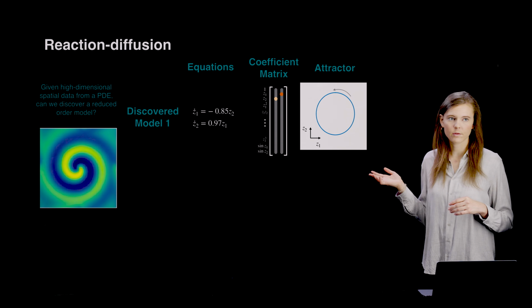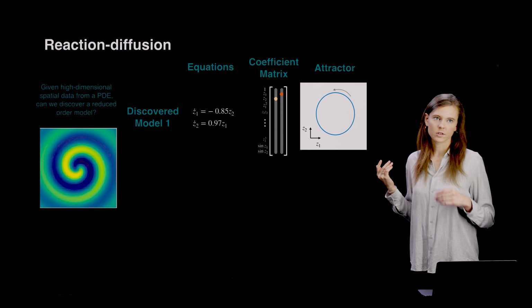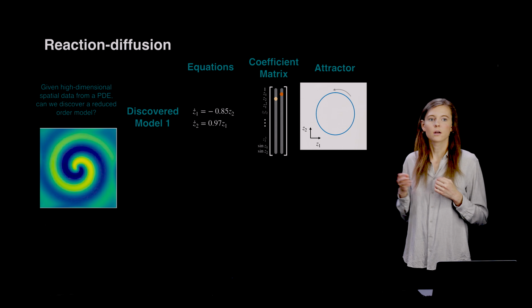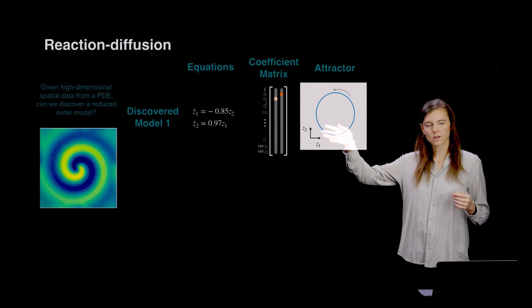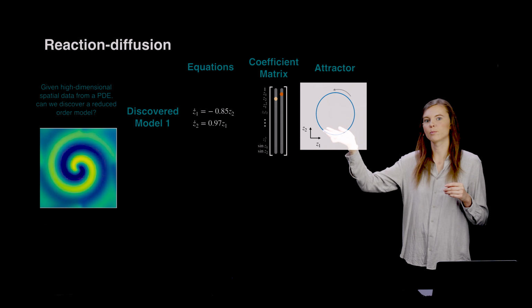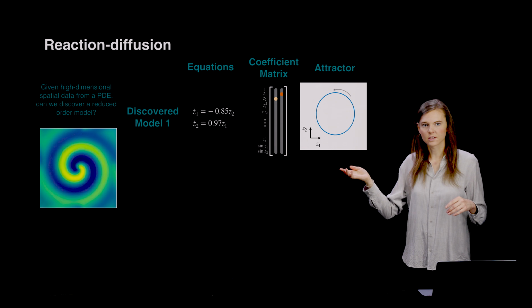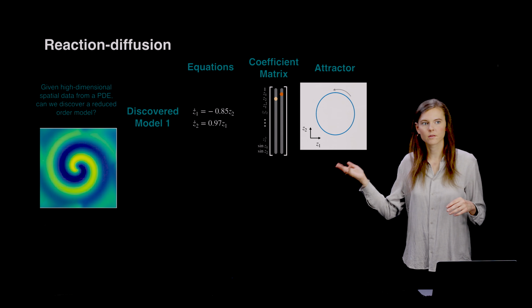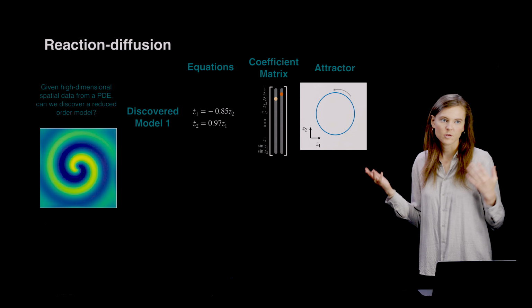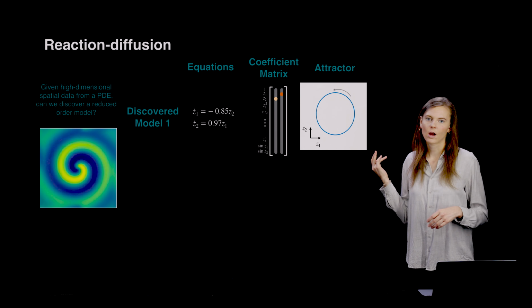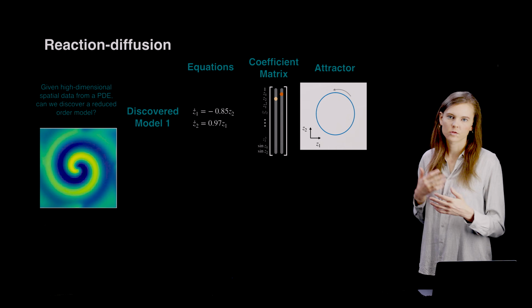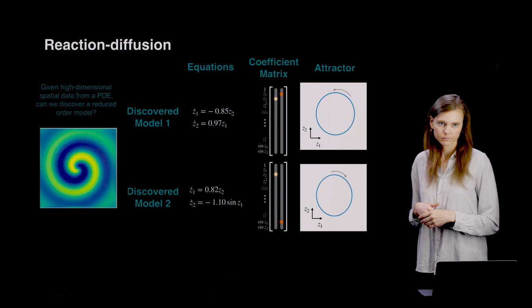This is one of the models that popped out of our SINDy autoencoder. You can see from the equations that it discovered a model that was essentially just a simple linear oscillation. This is a representation of the SINDy coefficient matrix. Obviously, with two terms, this is a sparse model, and then this is the attractor in the reduced space.